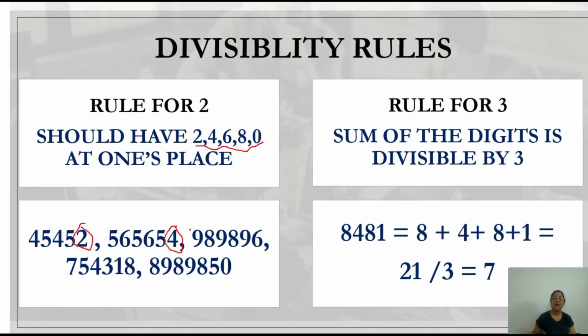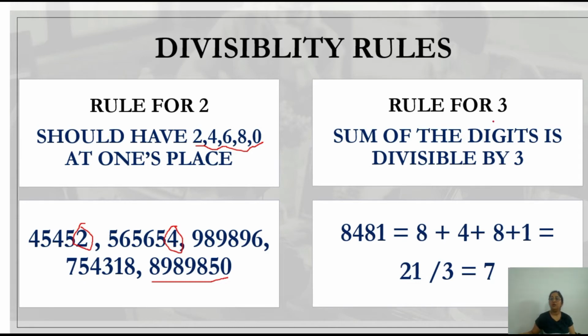So if a number has 2, 4, 6, 8 or 0 at the ones place, it means that number is divisible by 2. So it's very simple. By seeing a number, if it has 2, 4, 6, 8 or 0 at the ones place, then this number is divisible by 2. It's a very simple rule.